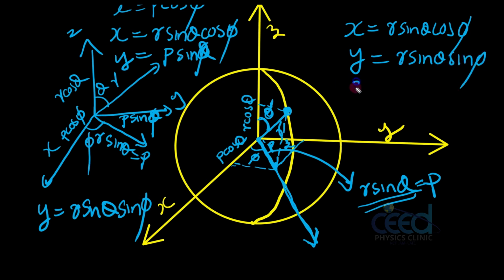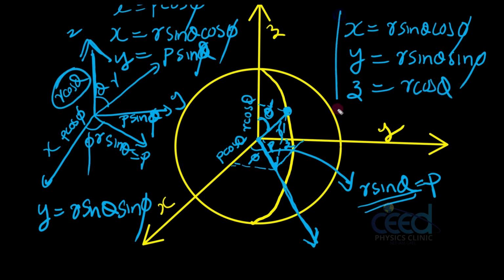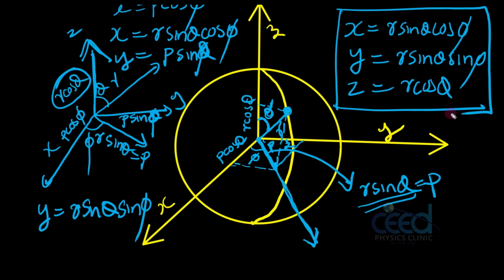And what about z? Z we have already given, that is z is equal to r cos theta. So these are the representation. So these are the x, y, z in terms of spherical polar coordinates.